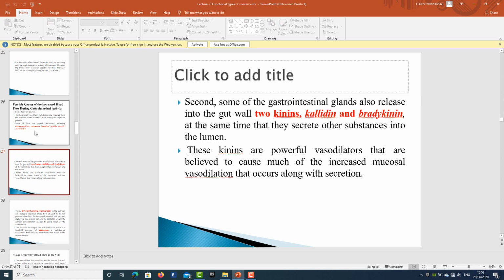The kinins are powerful vasodilators which are believed to cause much of the increase in mucosal dilatation that occurs along with secretion.